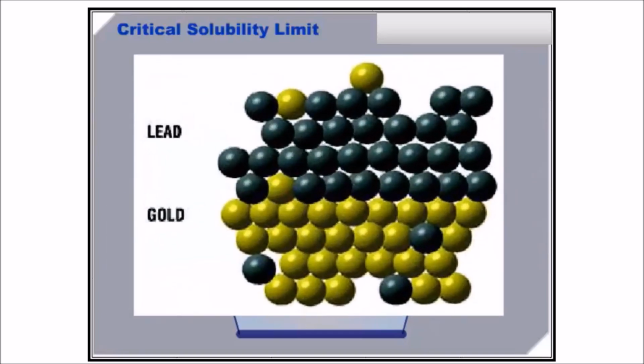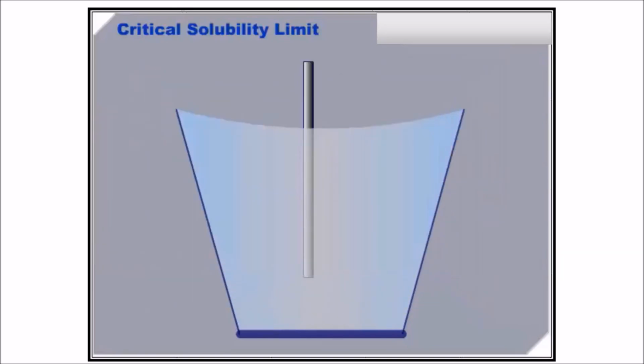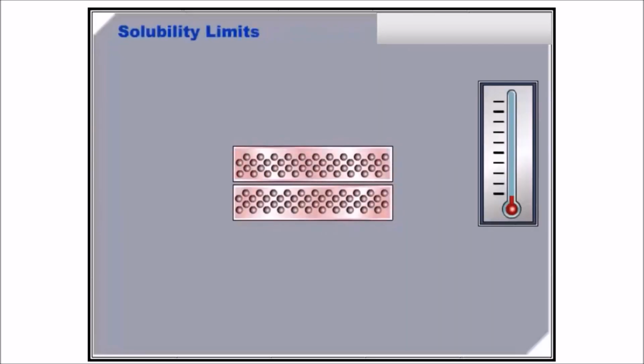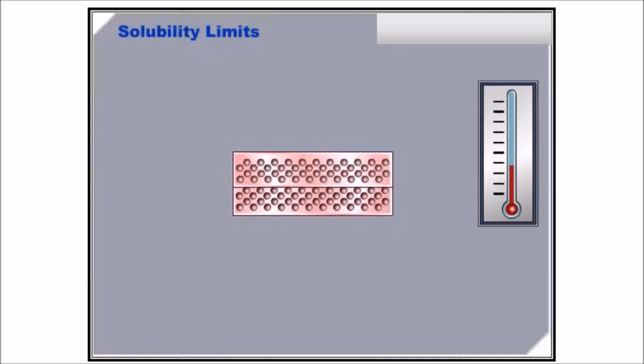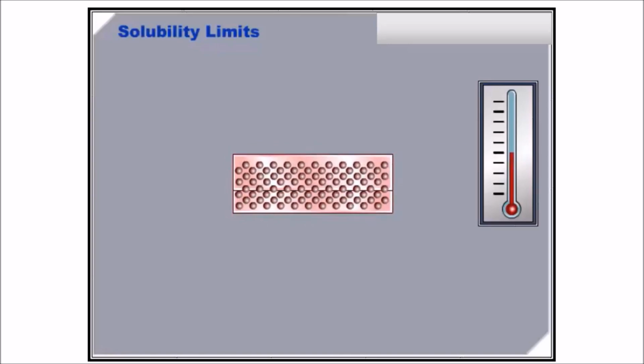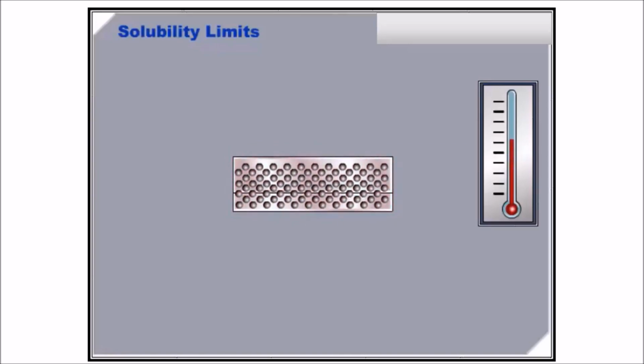Metals behave similarly, except through diffusion, and they dissolve into each other when both are solid. But just like the salt and water, there are solubility limits of one solid dissolving into another, and the critical solubility limit is dependent on temperature.